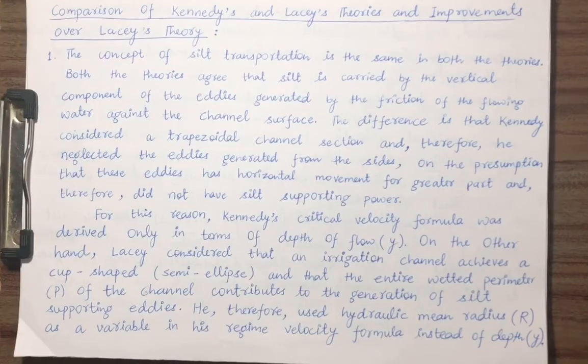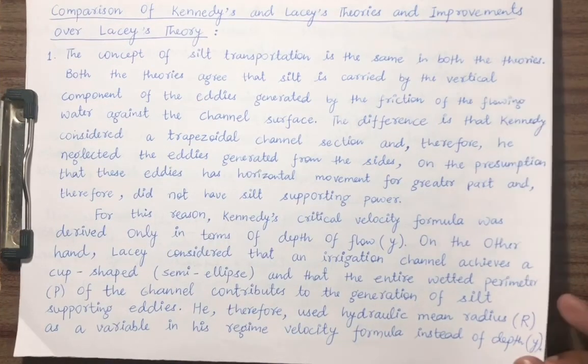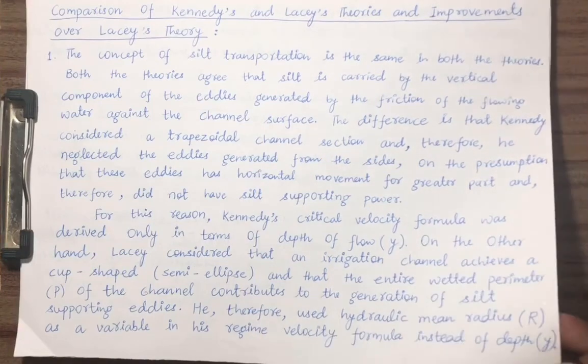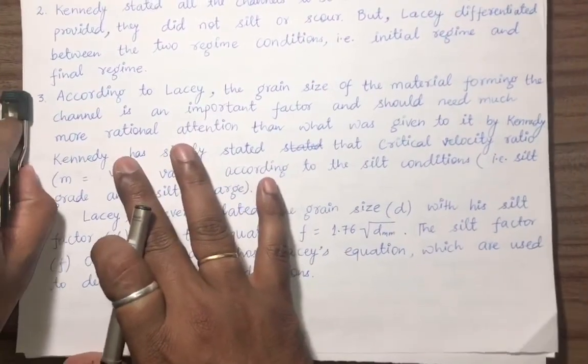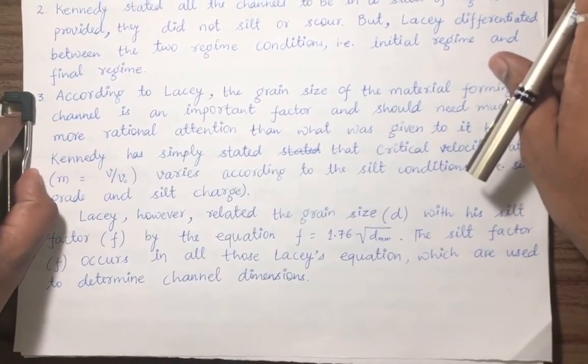That's why he has considered the wetted perimeter, not only depth. He therefore used hydraulic mean depth as a variable in his regime velocity formula instead of y. So this was the first difference between Kennedy and Lacey.